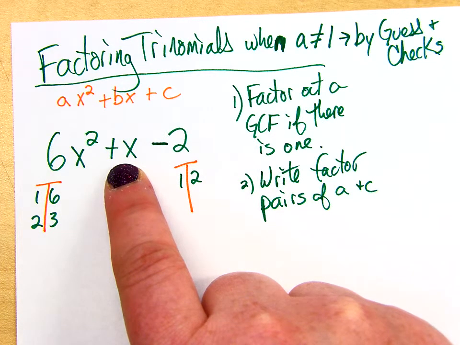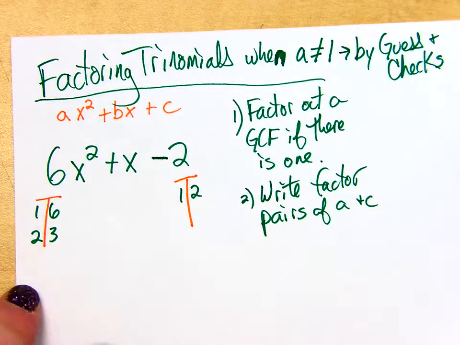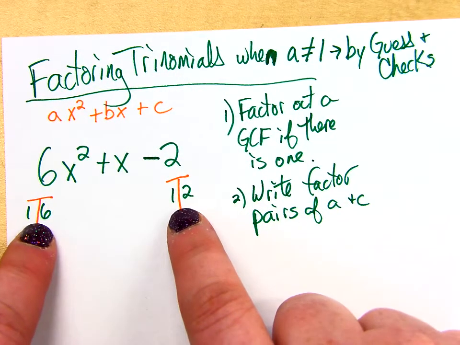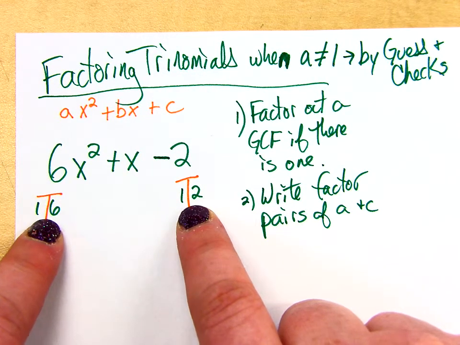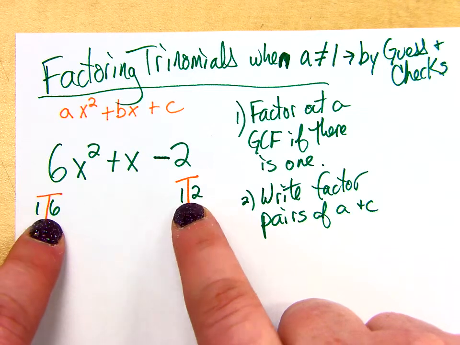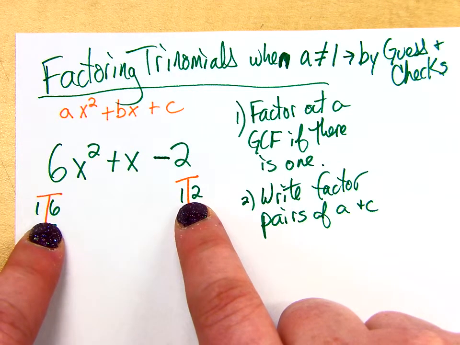I'm going to do this one out so you can see where I'm going with this. So let's look at the 1, 6 and the 1 and 2. Is there a way for me to take one of these two numbers and match it with one of these two numbers, and then the other one and the other one to get me to a positive 4?